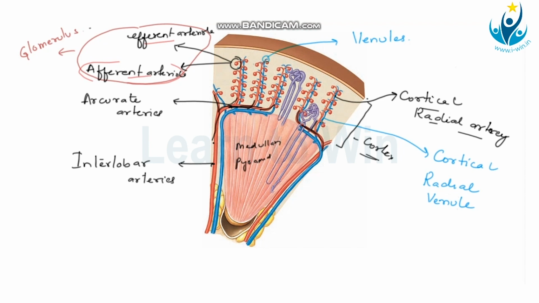Then these radial venules form a bigger branch, coming from here. This is the cortical radial venule, and it is coming from this branch. They join to form a bigger branch called the arcuate vein, and the arcuate veins will join to form the interlobar veins.